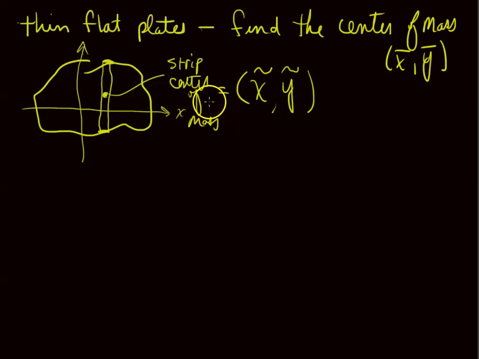And for this strip, we've shown it here taken vertically, because we're used to using dx. You can take it horizontally, and then you would use dy. But the moment of the strip about the y-axis is x tilde times delta m. Remember, this is where it switches.